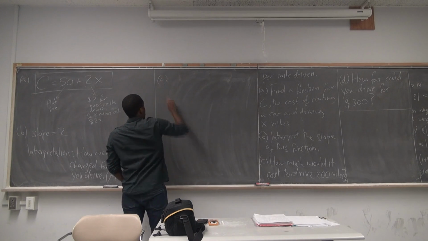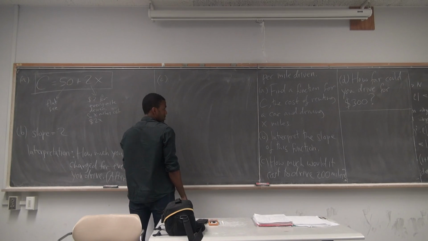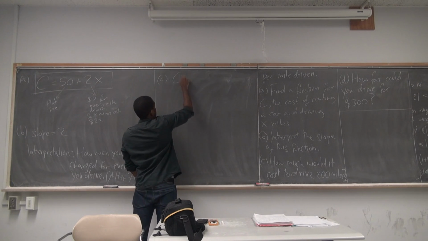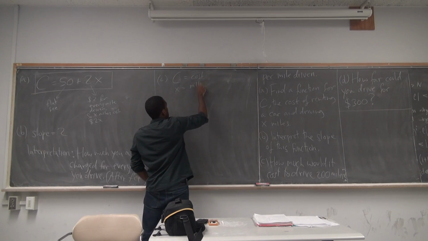C. How'd you get that? You substitute 200 into x. Remember that C is cost. Here, X represents the miles.